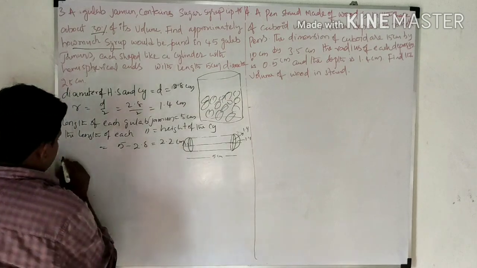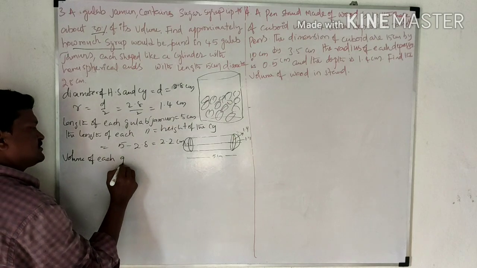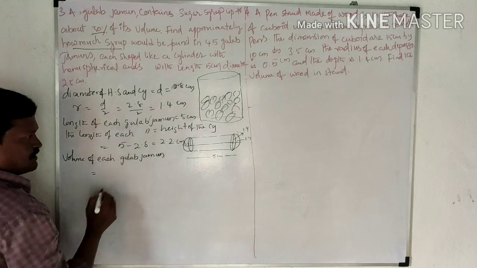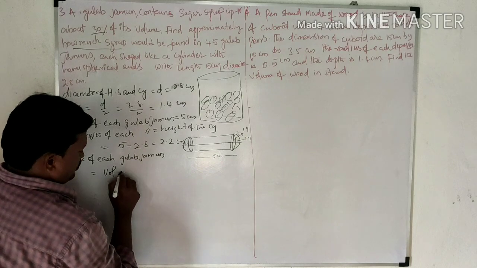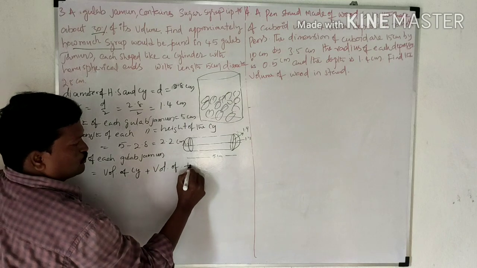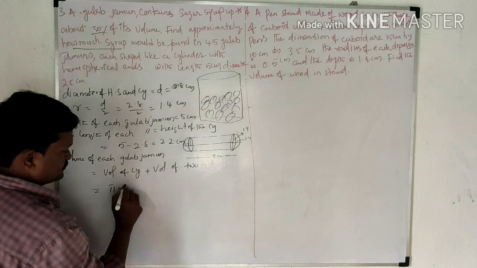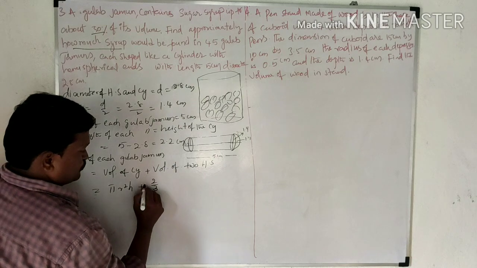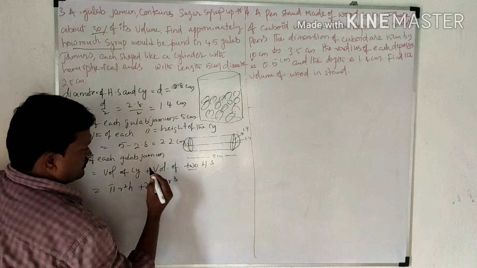Now the volume of each gulab jamun. Each gulab jamun contains 2 hemispheres and 1 cylinder. So the volume is the volume of the cylinder plus the volume of 2 hemispheres. The volume of the cylinder is pi r square h, plus the volume of the hemispheres is 2 into 2 by 3 pi r cubed.